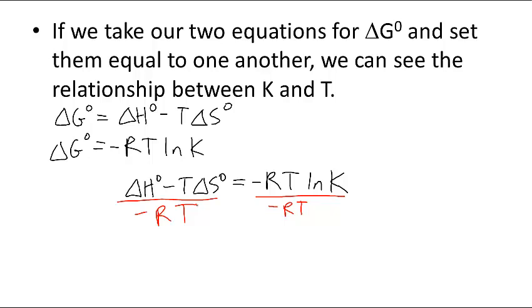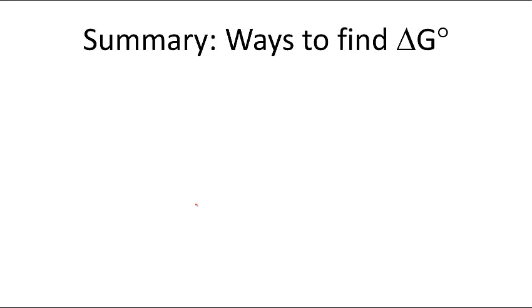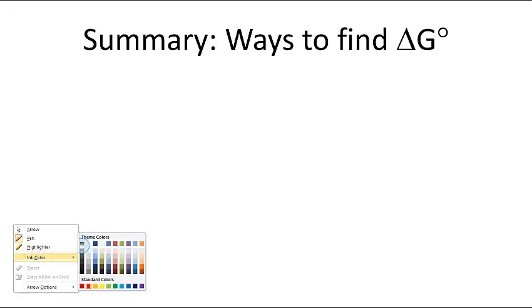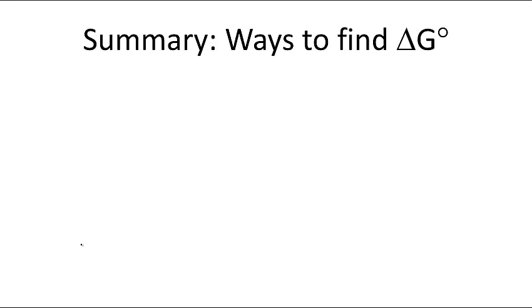All right, let's just close with a summary because we've talked about three things that are equal to delta G naught now. One we talked about last time, the other two we've used today.